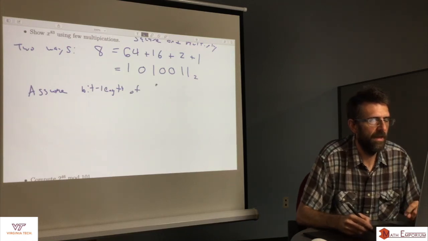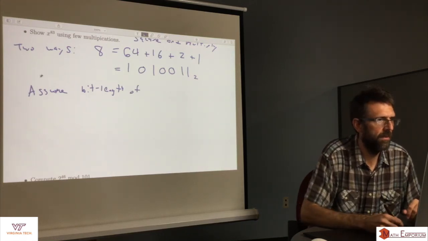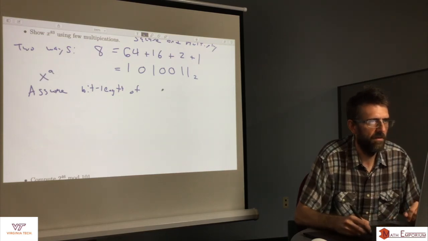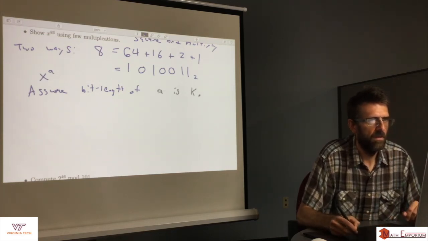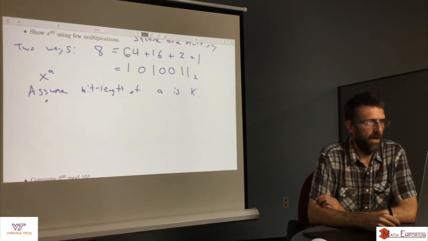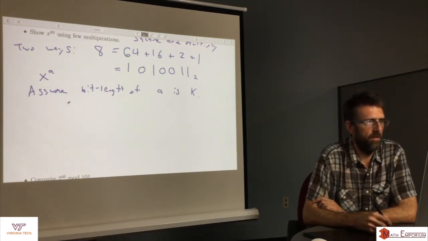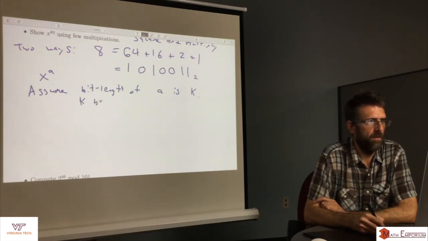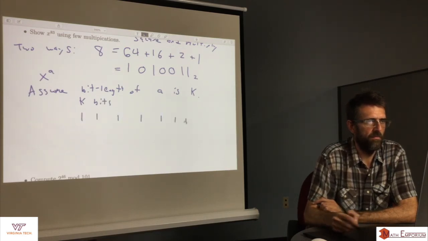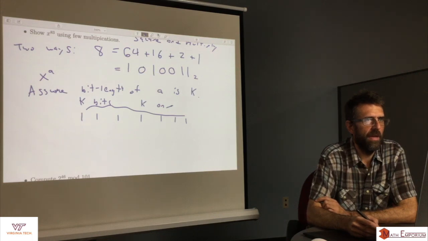So for x to the a, I would have k bits in the expansion, and the worst case is that they're all 1s.